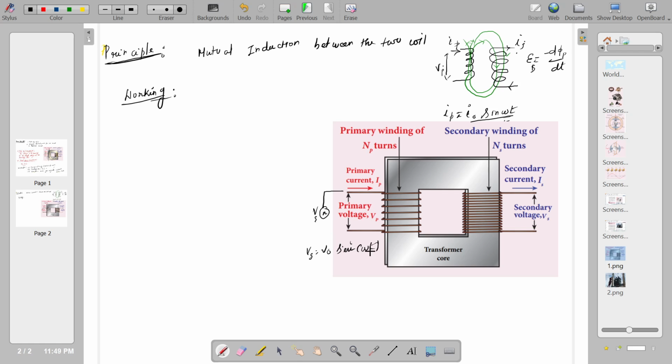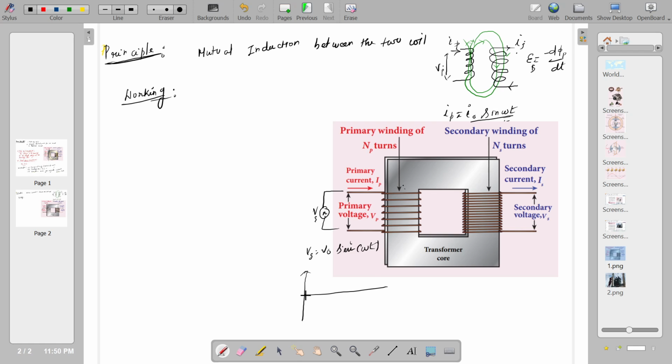Anyway, it's changing with respect to time. It's a sine function. So if it is changing with respect to time, then there is a flux in the laminated transformer core. That means the flux will magnetize this material. If the current is going according to the right hand rule, and suppose initially the current is maximum, usually we draw the current using the sine function.